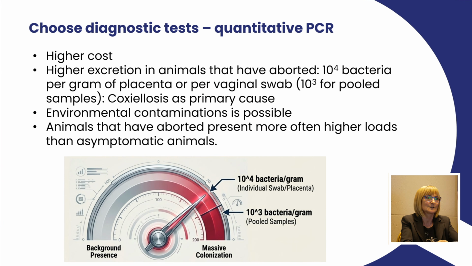So if we find a low bacterial load, we can suspect an environmental contamination, or otherwise a lower excretion that can be possible from asymptomatic animals too. If we consider the pooling of samples, we have to consider that we lose some information. So if we want to use the quantitative PCR, it is better to consider samples taken from each animal.